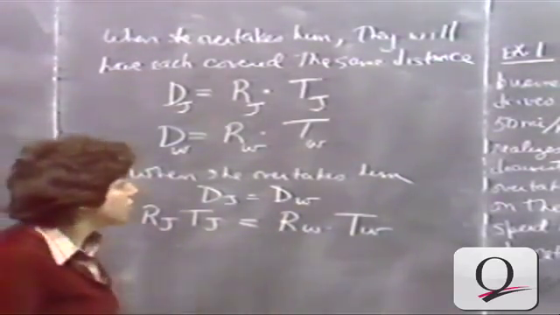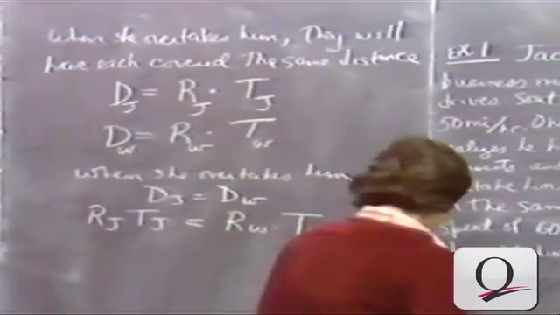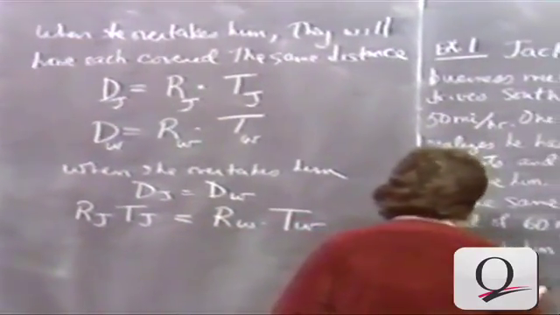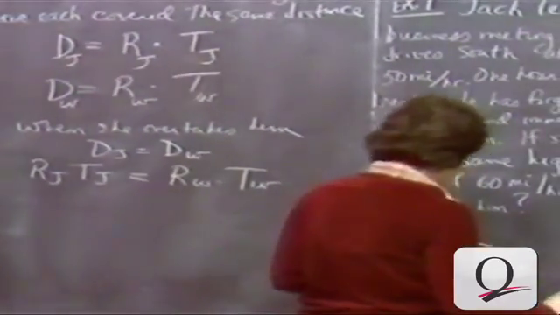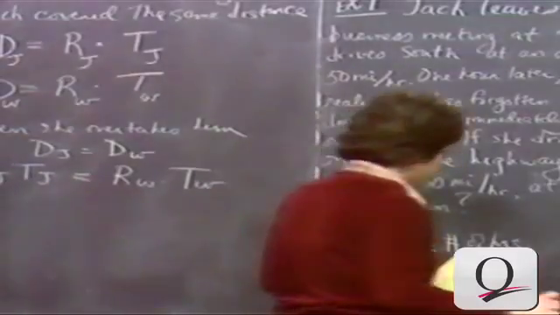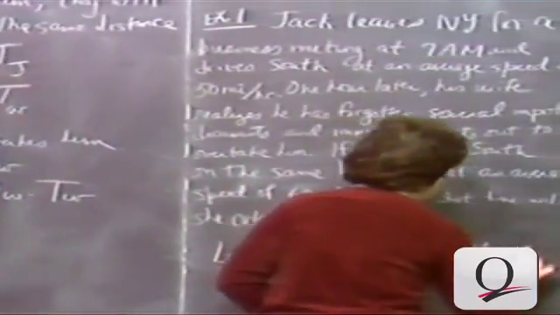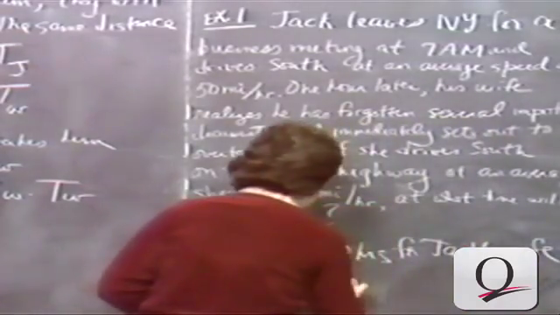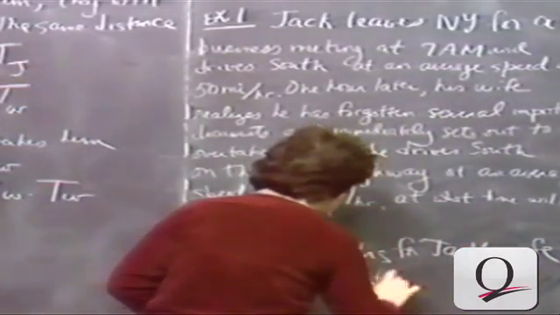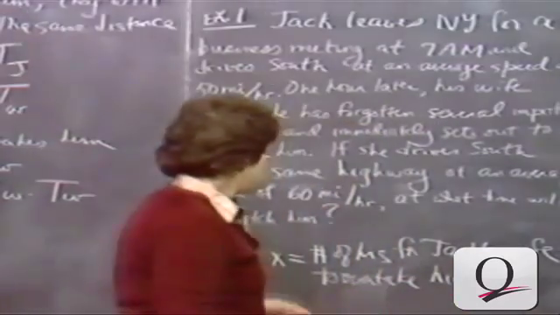Now, our unknown in this case has to do with time. Let's let x equal the number of hours for Jack's wife to overtake him. That's what we're going to work out.